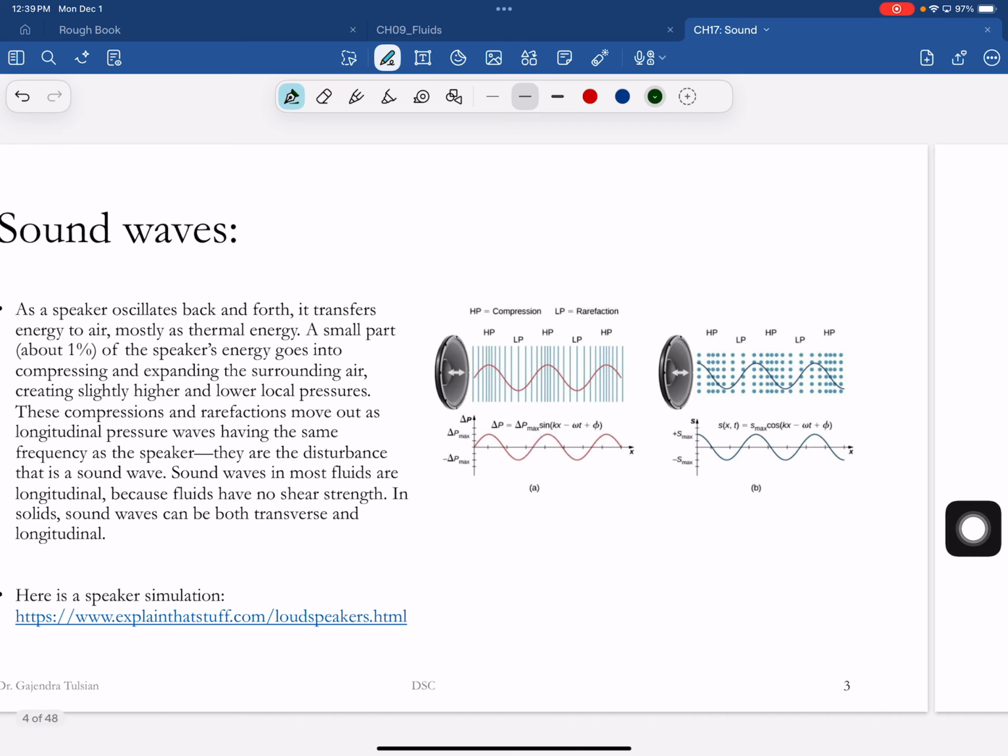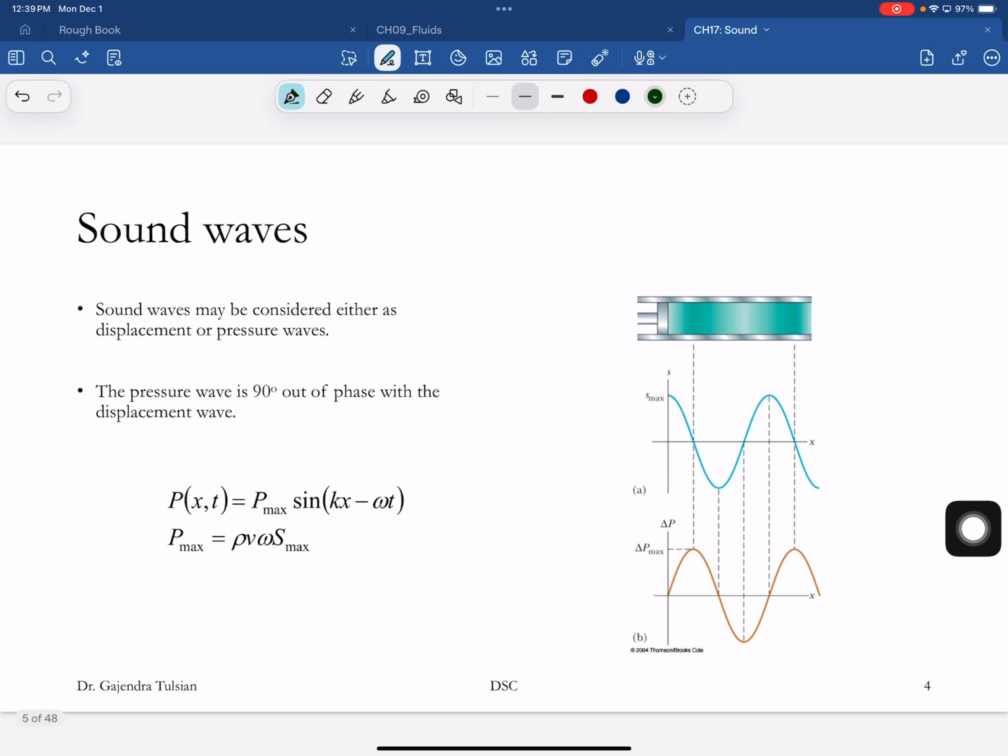If you could watch each air molecule, as this diaphragm oscillates back and forth, you're creating a high pressure region, low pressure region, high pressure region. So here's a pressure wave that's traveling to the right.